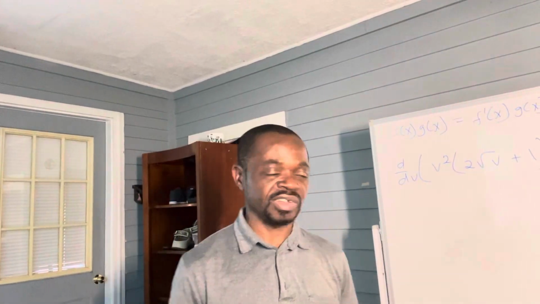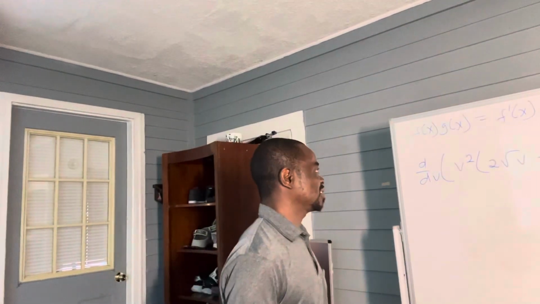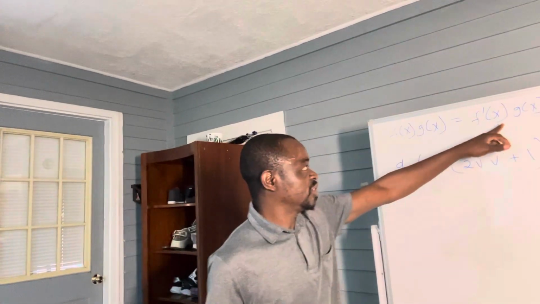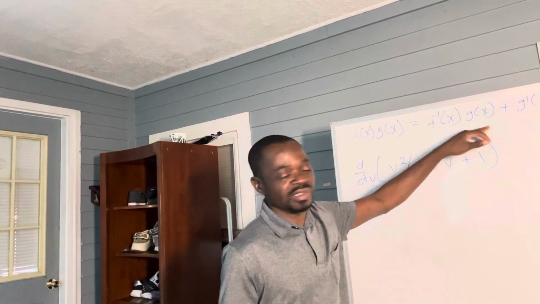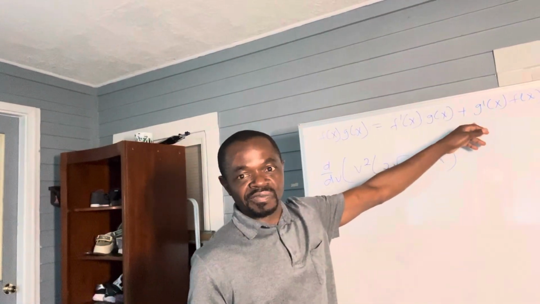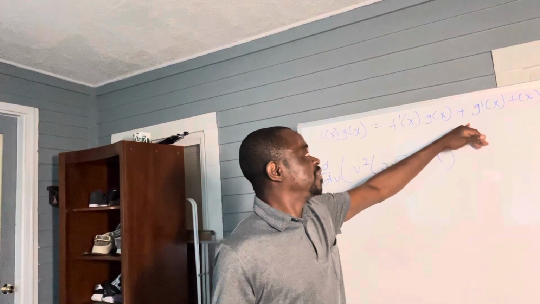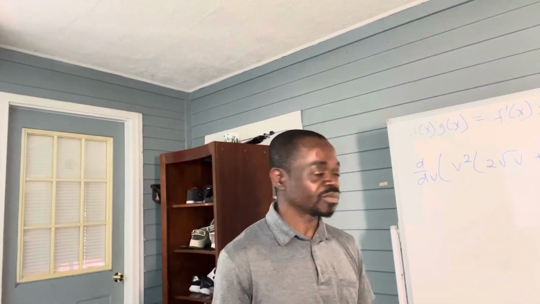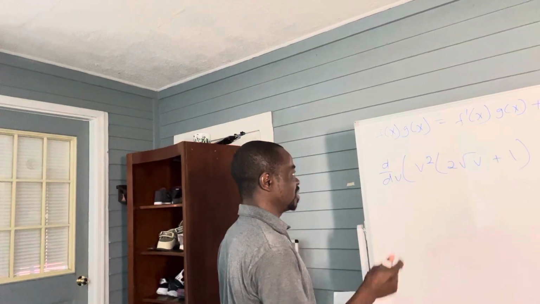So how do we differentiate it? The formula tells us that you differentiate the first function, then hold the second function as a constant, then plus, you differentiate the second function, then hold the first function as a constant. Right, so let's do that.